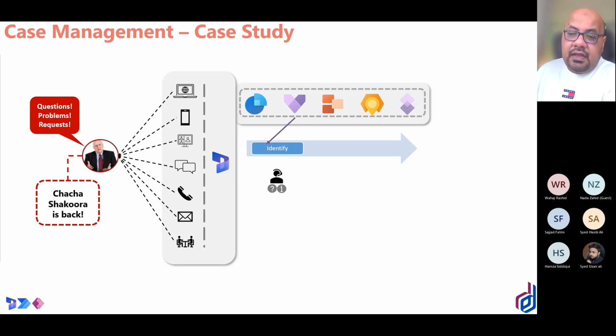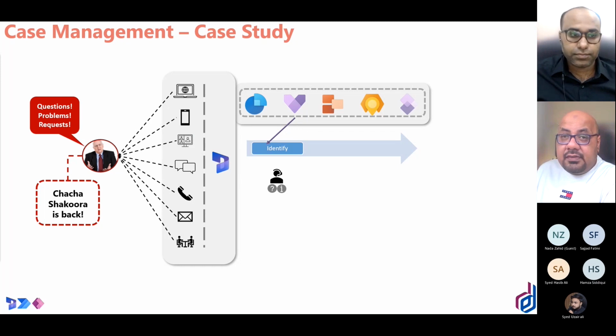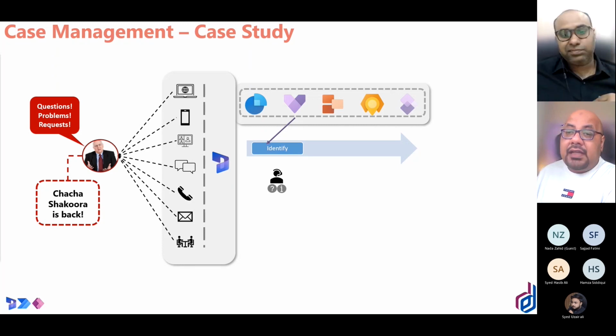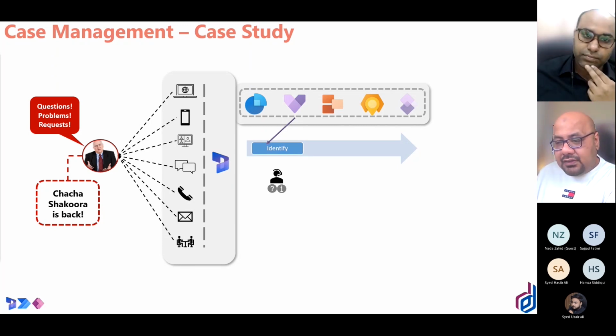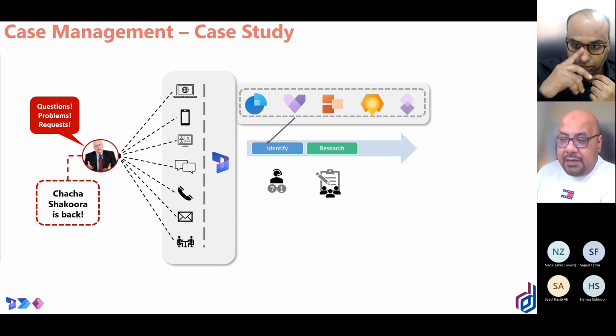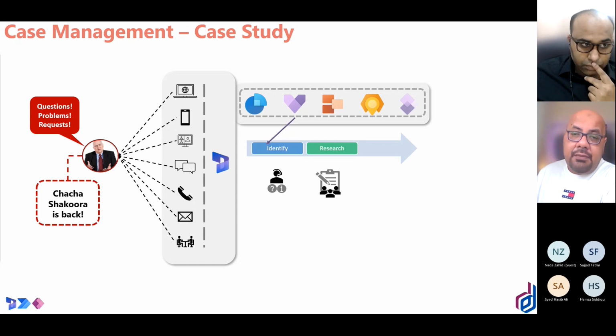So if Chacha Shakura has a problem, the agent is going to investigate what kind of issue he is facing, whether by reading the email or having a phone conversation with Chacha Shakura. First he needs to identify. And based on the identification, he will either do his initial investigation, or forward that information, or request, to the relevant team or department who are going to take care of it.